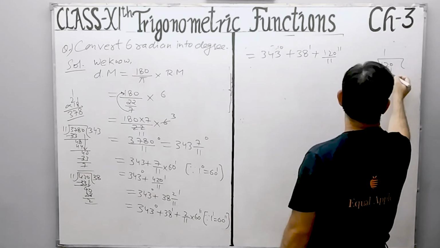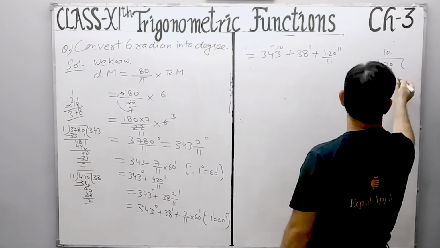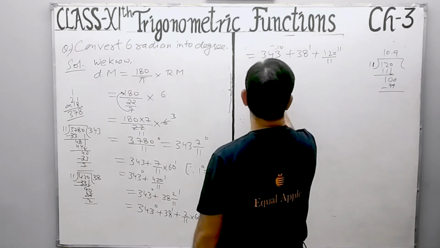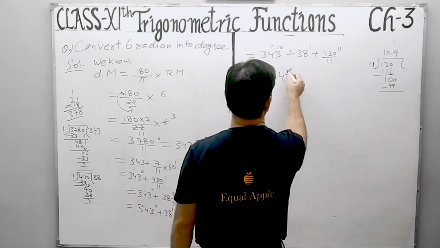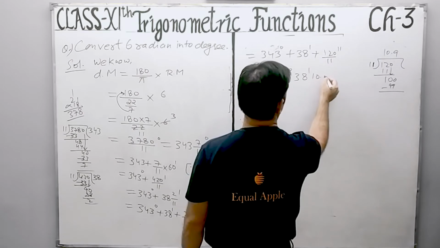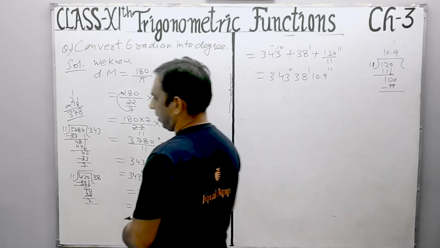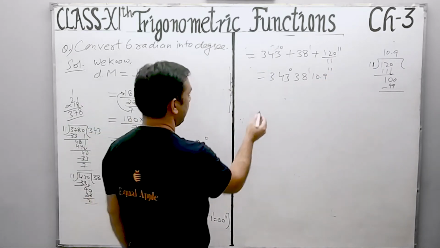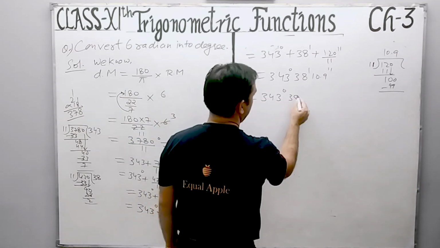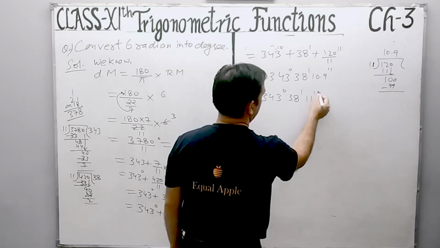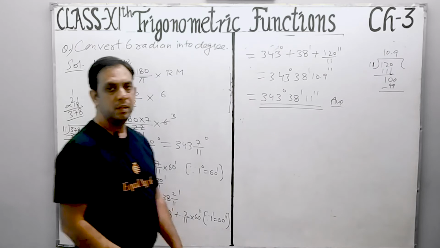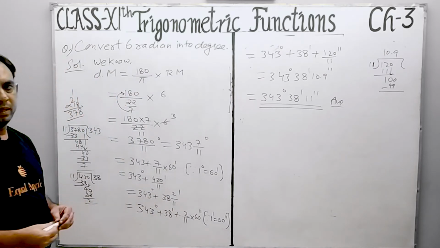So we need to take the decimal. 11 nines are 99. So you can write this as 343 degree, 38 minute and 10.9 second. So this is how you will convert a radian measure into a degree measure, right?